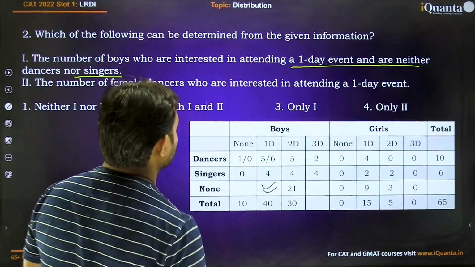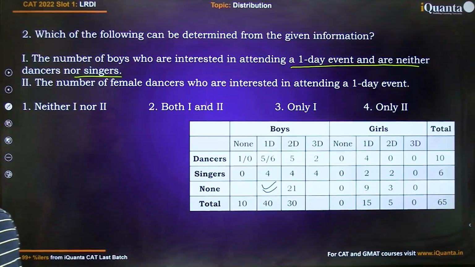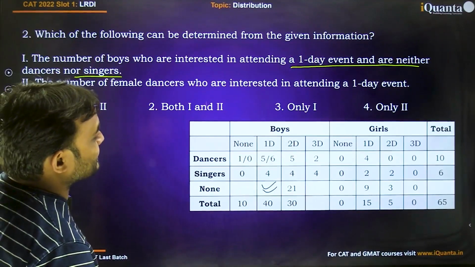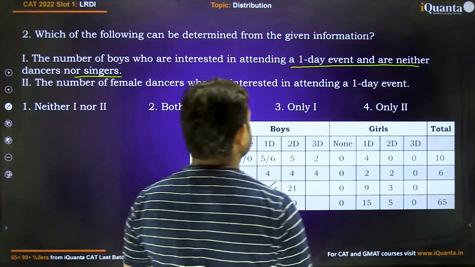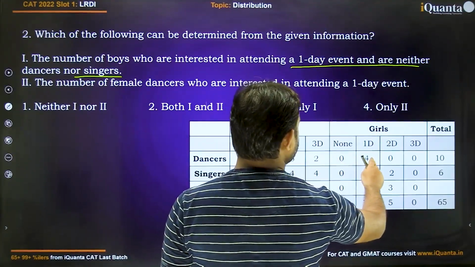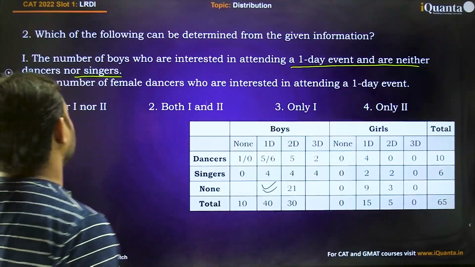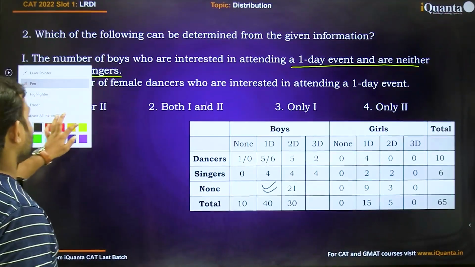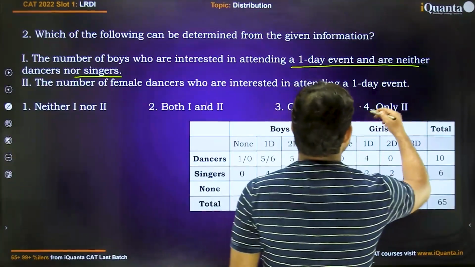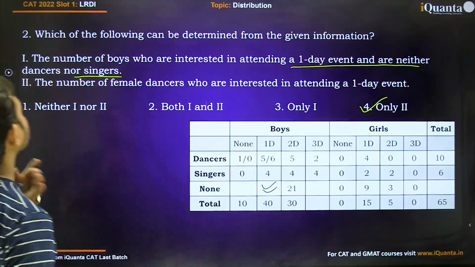So we cannot find out this value. Second is the number of female dancers who are interested in attending the one-day event. It's 4, we can find that out. So the answer will be option 4, only statement 2 can be determined.